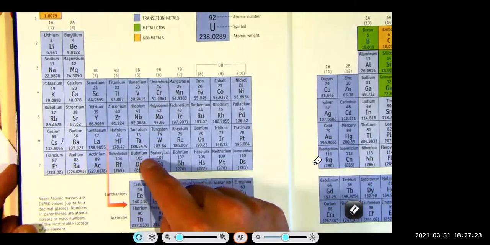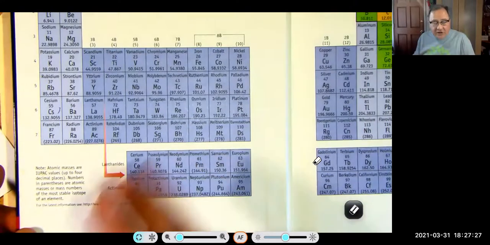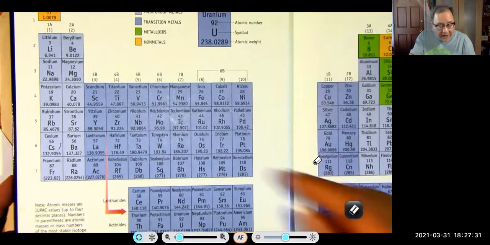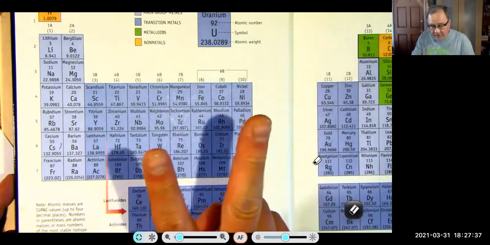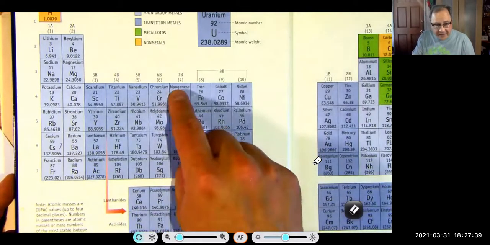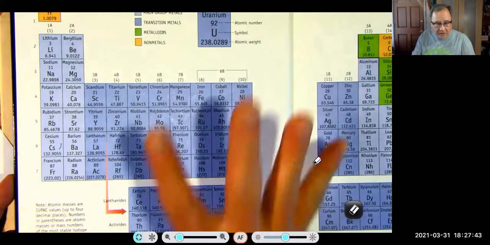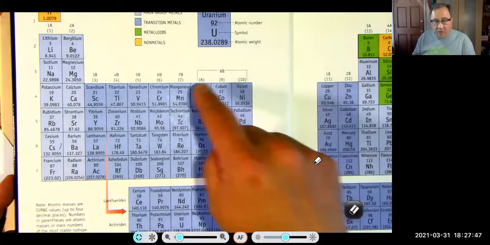Each of these blocks starts as follows: 1s, 2p, 3d, 4f. So they start with 1, 2, 3, 4.